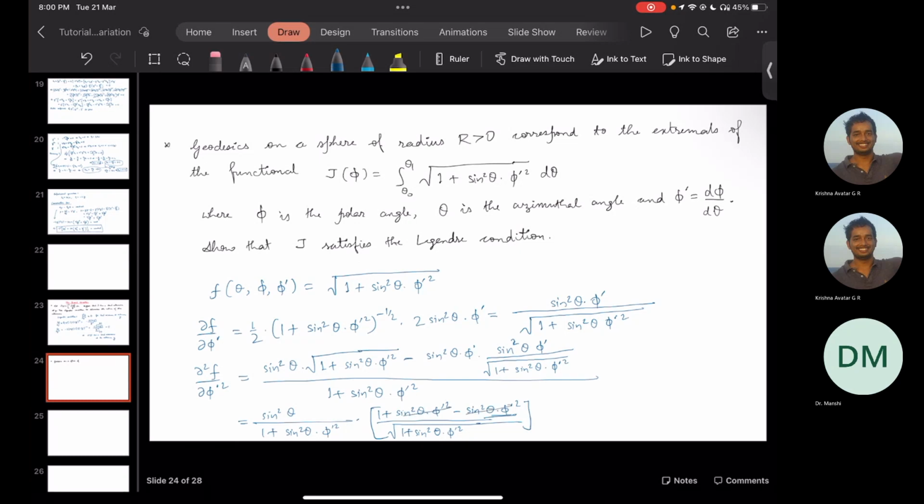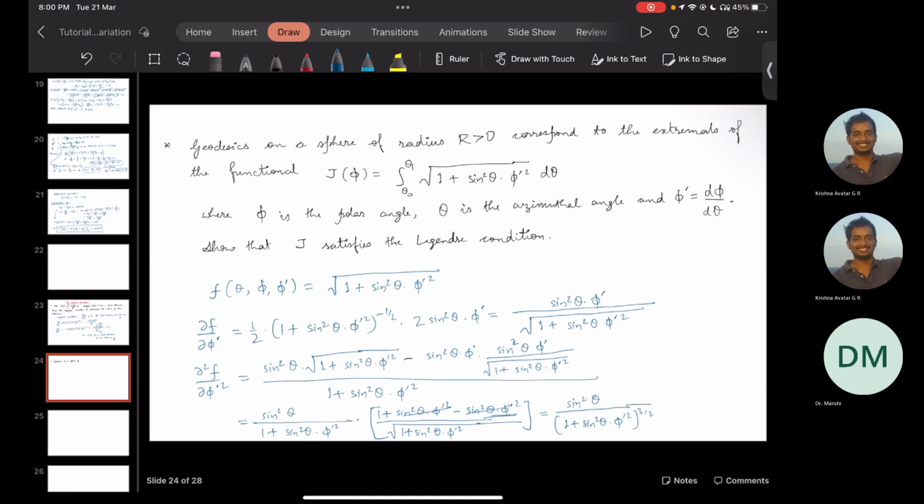This cancels out, and so we are left with sin²θ divided by (1 + sin²θ φ'²) to the power 3/2.